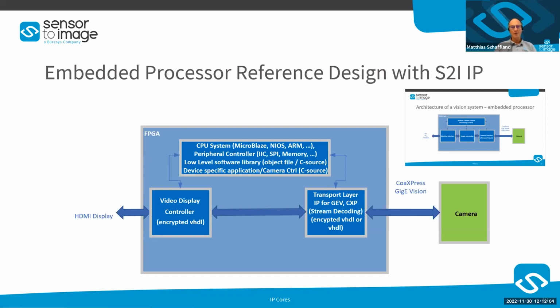So you have a device-specific application here, especially camera control. And in a reference design, what we deliver, the received stream is, for example, forwarded to a display controller, so you can simply see the image on an HDMI monitor or something like that, and directly see what is going on.